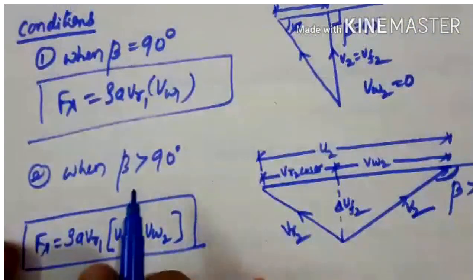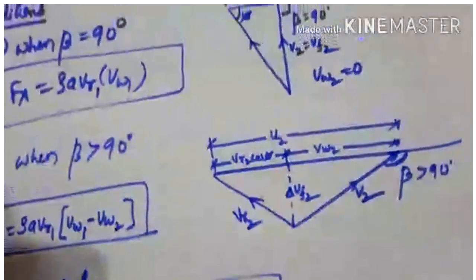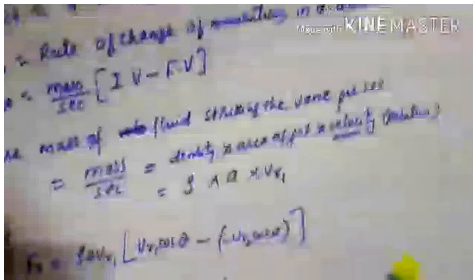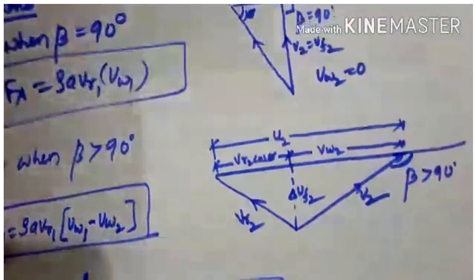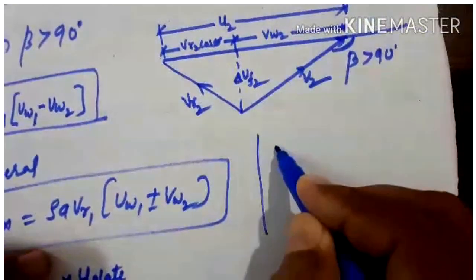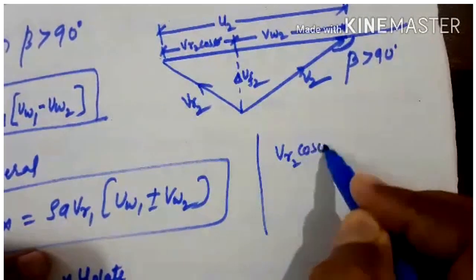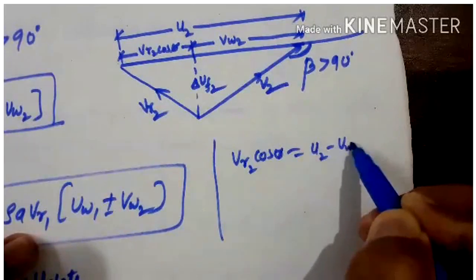The only thing is the conditions we apply here. When beta is more than 90 degrees, you will get VW1 minus VW2. When beta is less than 90 degrees, this was the equation we got with VR2 cos pi. Look at this figure: how have we got the minus sign here? VR2 cos pi will be U2 minus VW2.